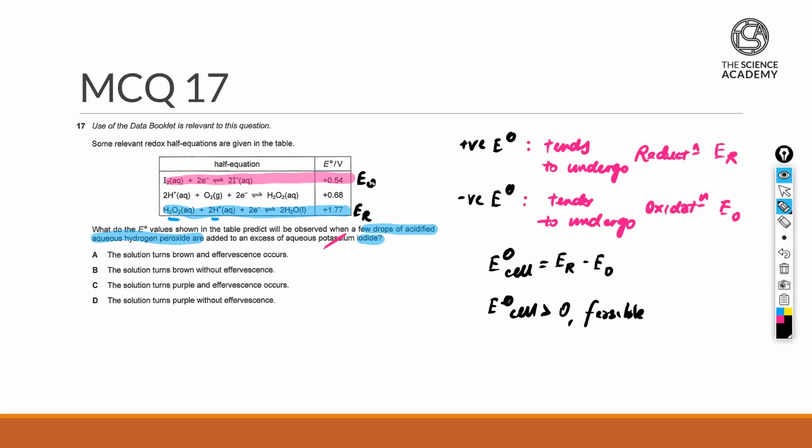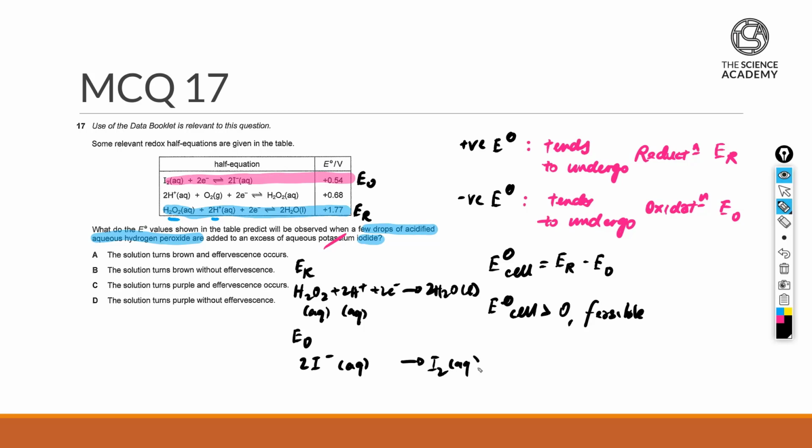So writing out the equation for ER, you'll be going through reduction. H2O2 aqueous plus 2H+ aqueous plus 2 electrons becomes 2 units of H2O liquid. For the case of EO, iodide will be going through oxidation to form iodine solution as well as 2 electrons.